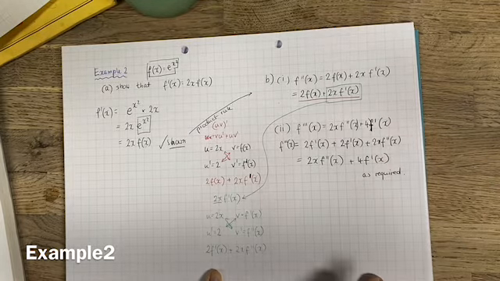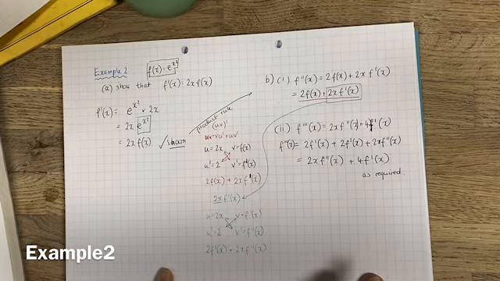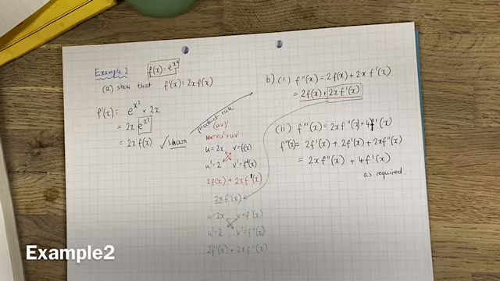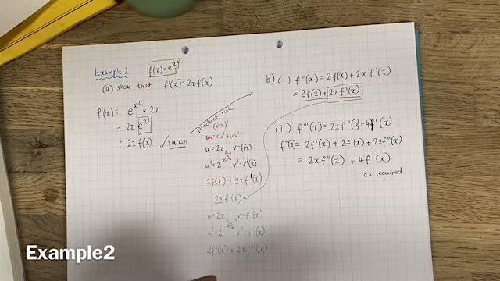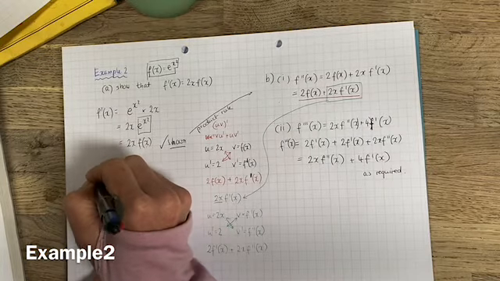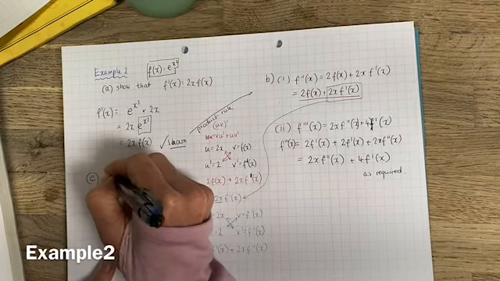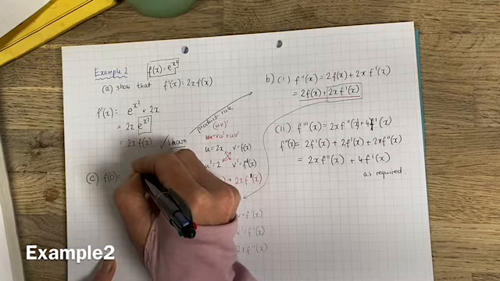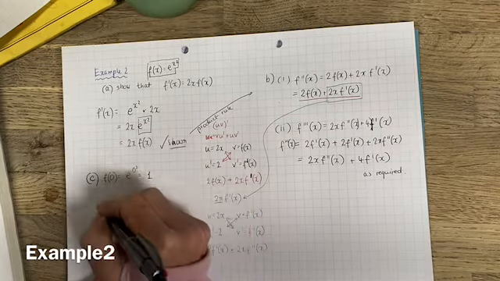Okay, and for the final part, you've been asked to find the values of f of 0, f dash of 0, and so on, all the way up to f triple dash of 0. So part C, f of 0, let's substitute: e to the power of 0 squared. That's going to be 1.